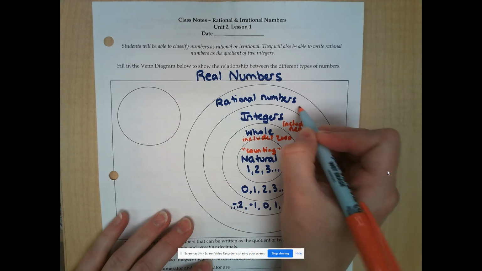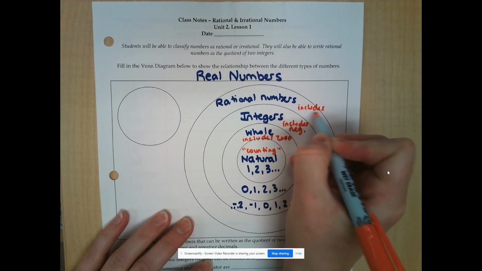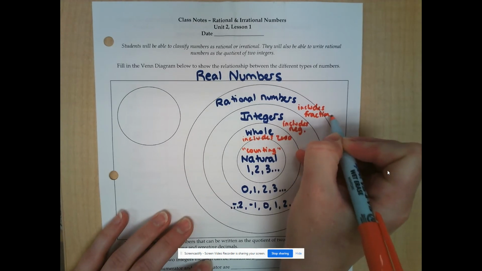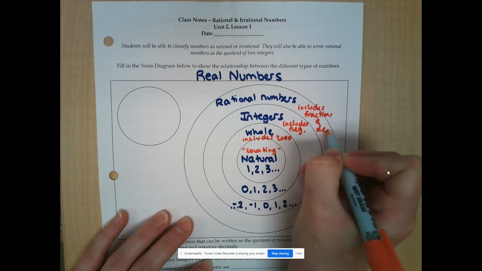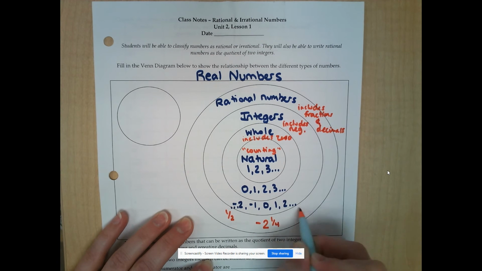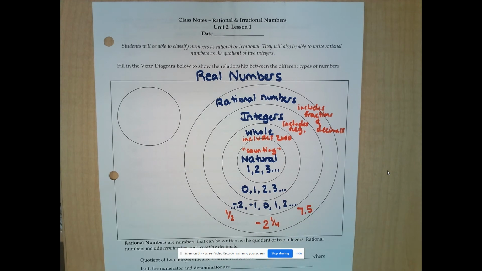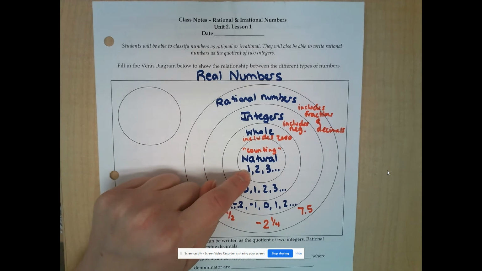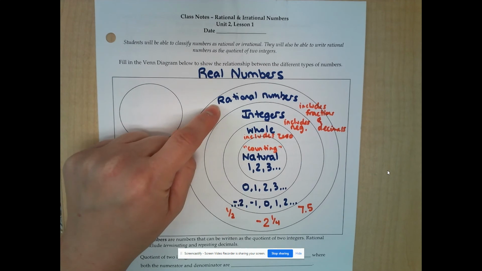So it includes fractions and decimals. Examples would be like 1/2, -2 1/4, 7.5, things like that. So you would have all of the previous numbers, like natural numbers 1, 2, 3, fit under the heading of rational numbers.